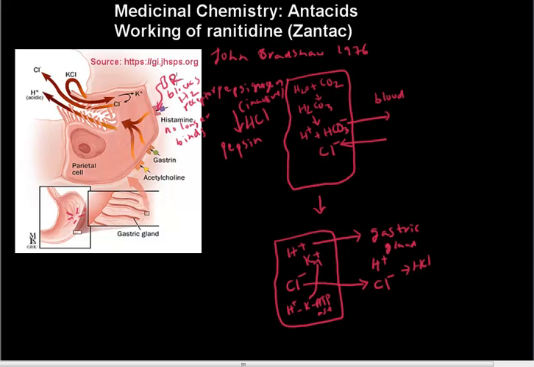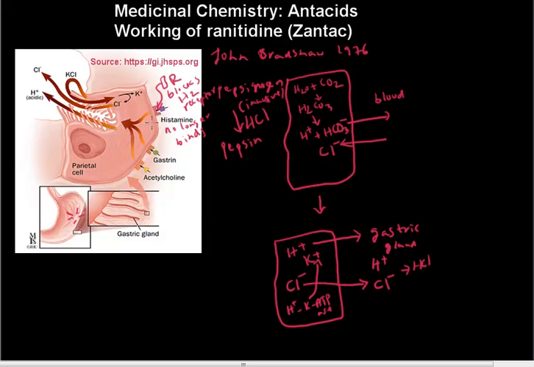You see what's happening? Once a person swallows the ranitidine pill, it simply goes and blocks the H2 receptor site on the outer surface of the parietal cell. So the histamine is no longer able to bind or send messages to this receptor site. So the parietal cell is not able to produce hydrochloric acid, or excess hydrochloric acid. Right?